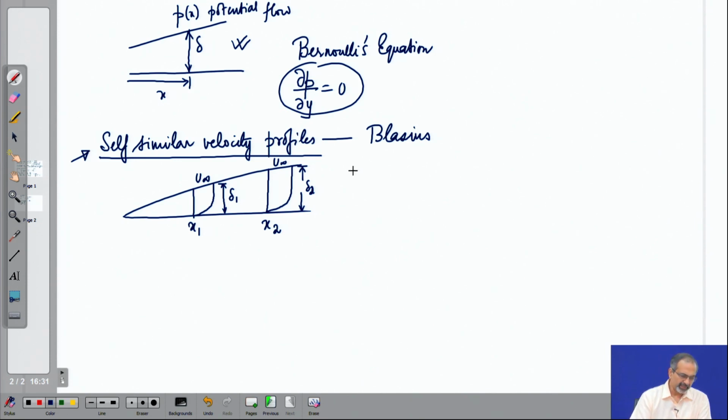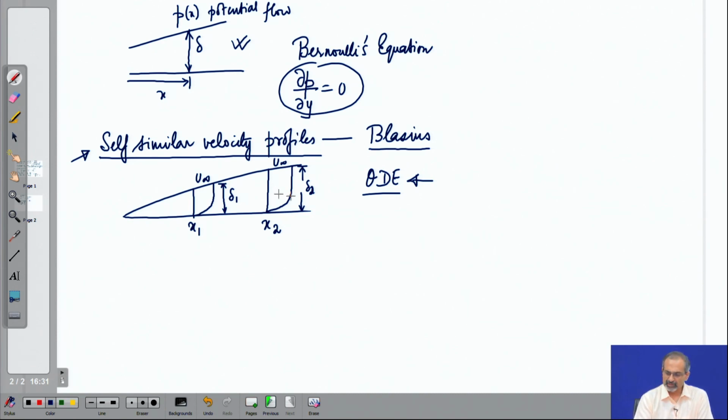So, appropriate scaling functions were evolved or invented by Blasius, and that reduced the problem to that of solving an ordinary differential equation. So, instead of solving two partial differential equations, one being the continuity equation and the other the x momentum equation with the simplifications proposed by Prandtl, a single ordinary differential equation would define the property variations within the boundary layer.